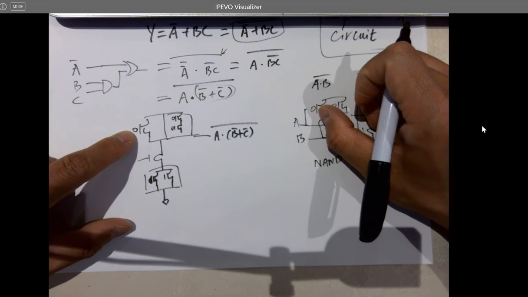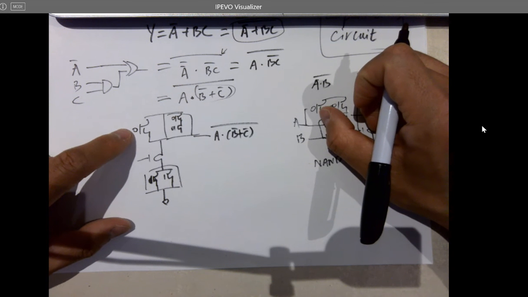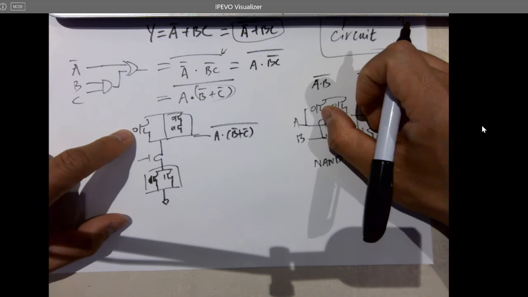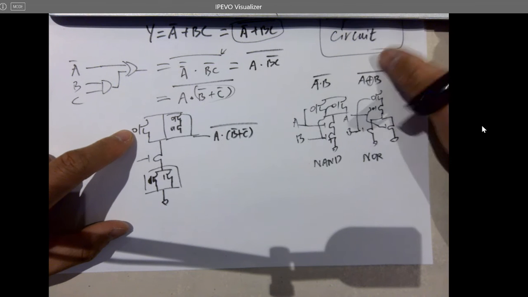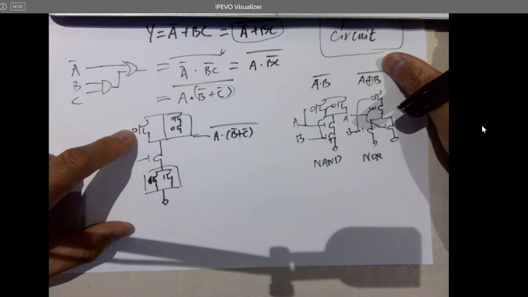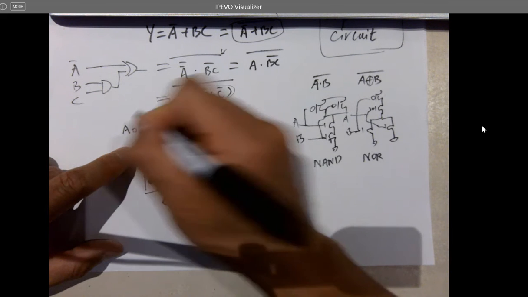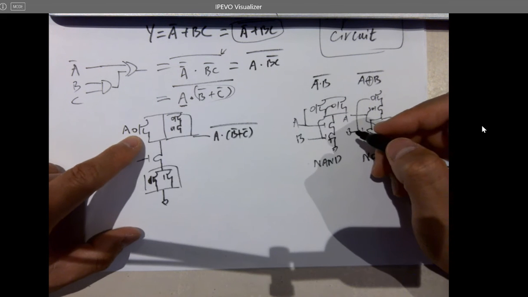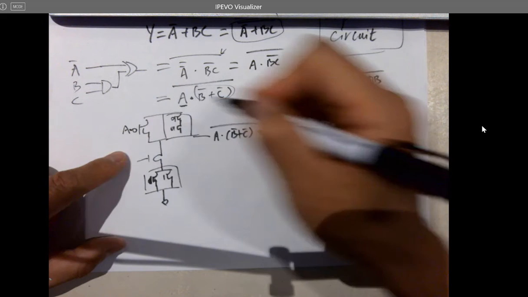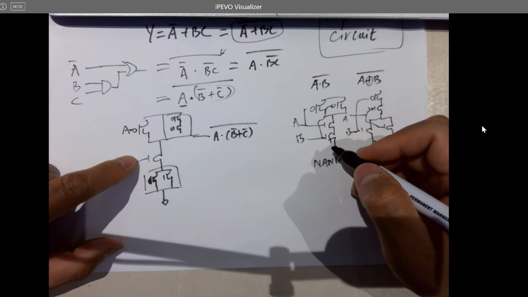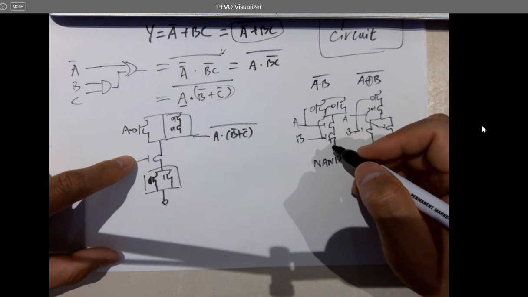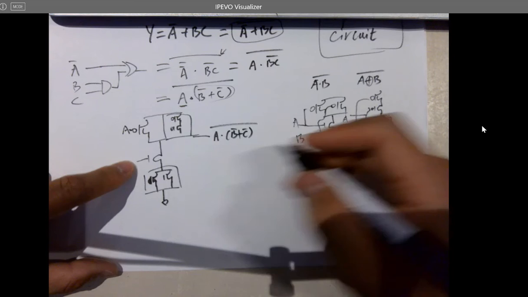So now a quick question. Can I swap the signal line? For example, I just labeled here as B naught. No, this is designed for A. It has to be A. So the signal A has to be shorted to this PMOS. What about this PMOS? Also A as well.